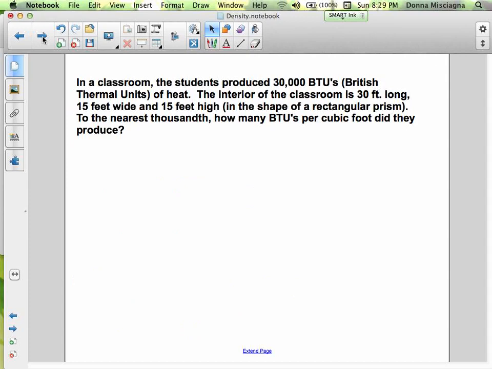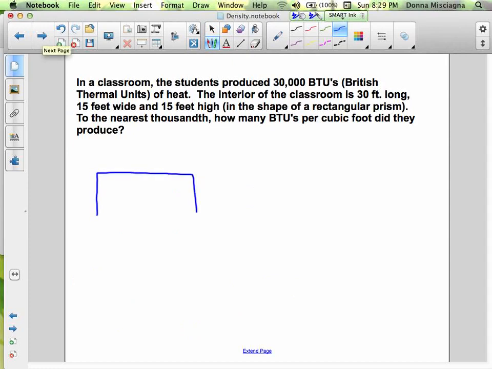So where students and the people in the banquet hall only use the floor area, the BTUs, the heat, are going to use the entire room. The interior of the classroom is 30 feet long, 15 feet wide, and 15 feet high, in the shape of a rectangular prism.